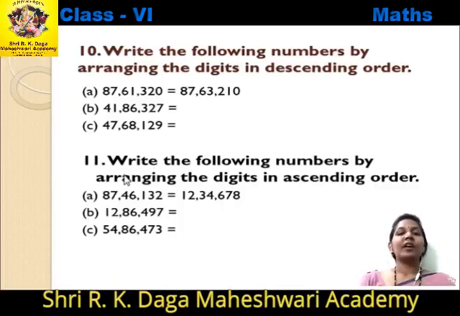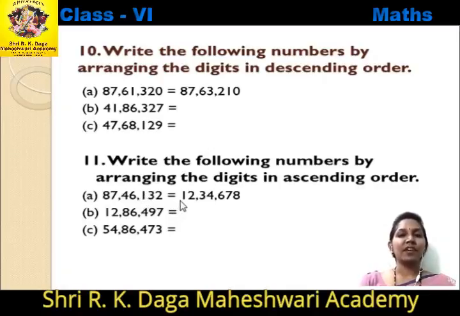87,63,210. In question number 11, we have to write the following numbers by arranging the digits in ascending order. That is, in this question we have to arrange these digits in ascending order, that is from smallest to greatest. The number is 87,46,132. Now arrange these digits in ascending order. The smallest digit is 1.